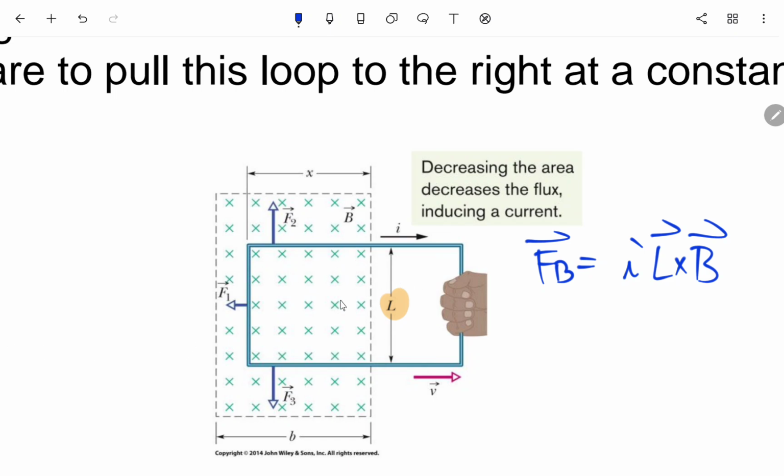So if the magnetic flux is decreasing, the B induced should be into the page to offset this change. This is the B induced. If B induced is into the page, you use your thumb pointing into the page, and your forefinger curls clockwise. So we know that this induced current is clockwise.